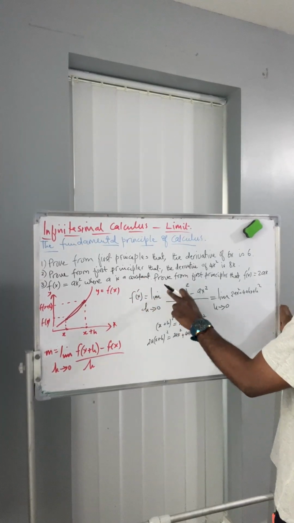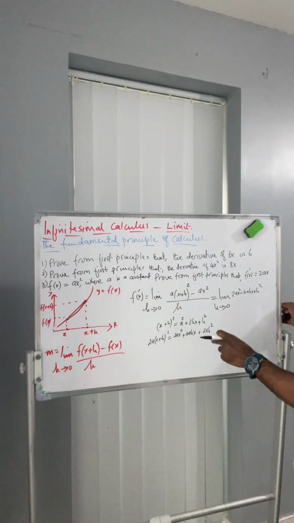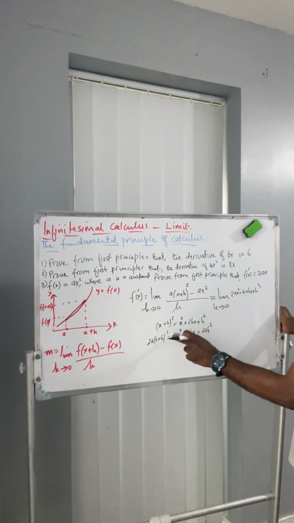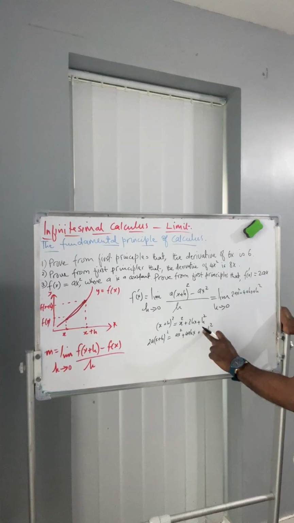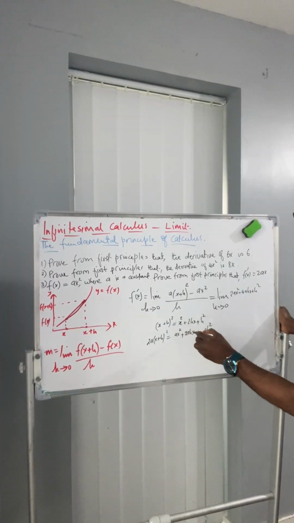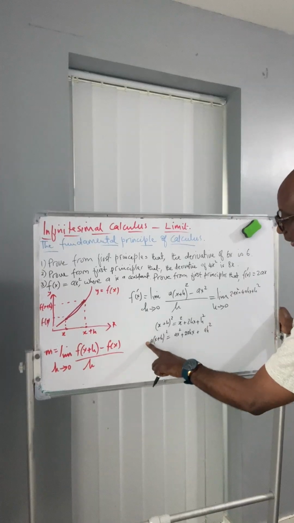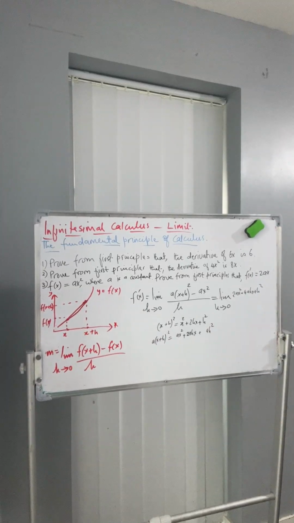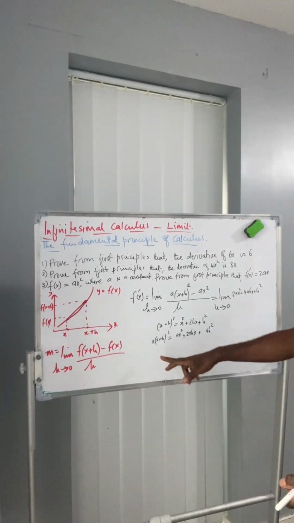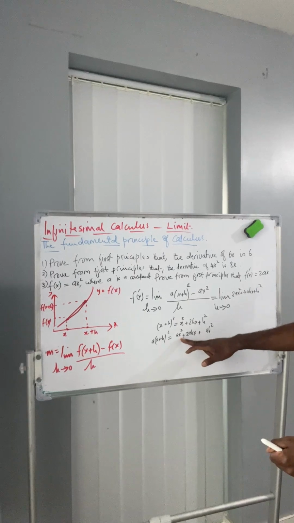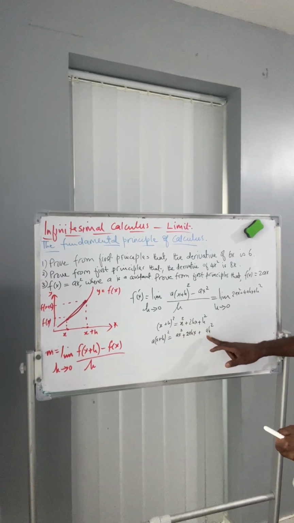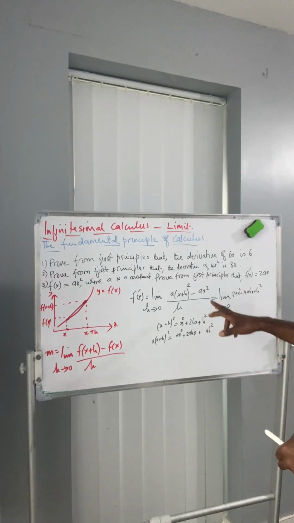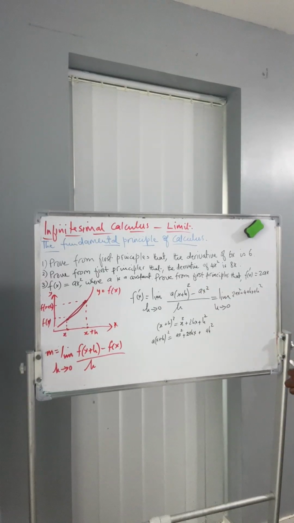Sorry, I shouldn't have 2. It's a. Sorry. I thought there is a 2. So I'll just multiply it by a. So you'll get ax squared plus 2ahx plus ah squared. There is no 2. Just getting confused about these two.